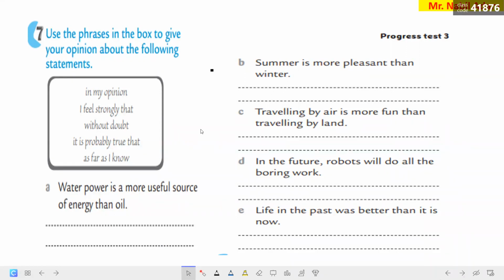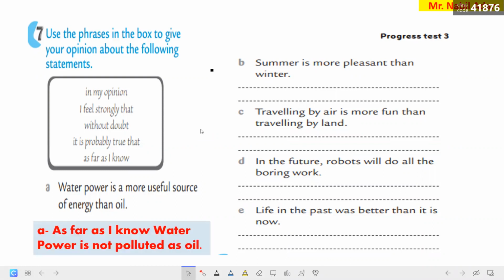In my opinion, I feel strongly that, without doubt, it is probably true that, as far as I know, water power is a more useful source of energy than oil. What do you think? As far as I know, water power is not polluted as oil.